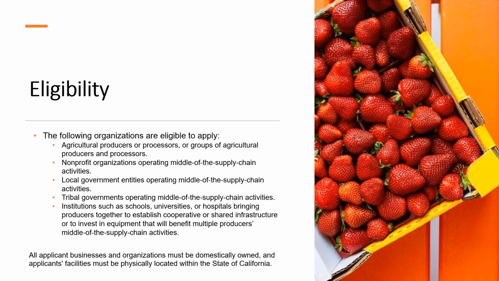Entities eligible to apply for the RFSI program include agricultural producers or processors, or groups of agricultural producers and processors; nonprofit organizations operating middle of the supply chain activities; local government entities operating middle of the supply chain activities; tribal governments operating middle of the supply chain activities; and institutions such as schools, universities, or hospitals bringing producers together to establish cooperative or shared infrastructure, or to invest in equipment that will benefit multiple producers' middle of the supply chain activities.